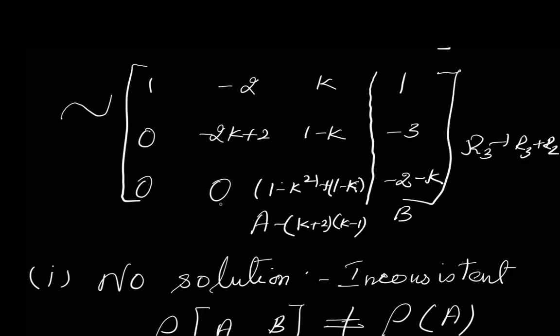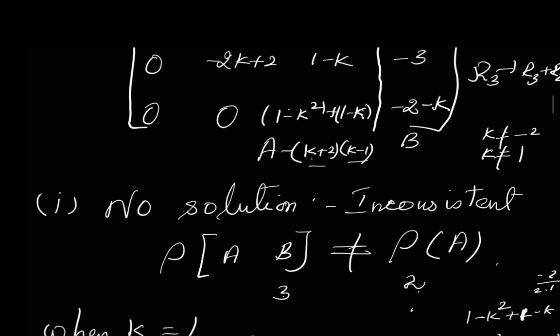See, already 2 entries are 0. So this should not be equal to 0, which means the factorized term here should not be equal to minus 2. If it is minus 2, you will get 0. So k should not be equal to minus 2, and also k should not be equal to 1. If it is 1, you will get 0. I must not get 0.